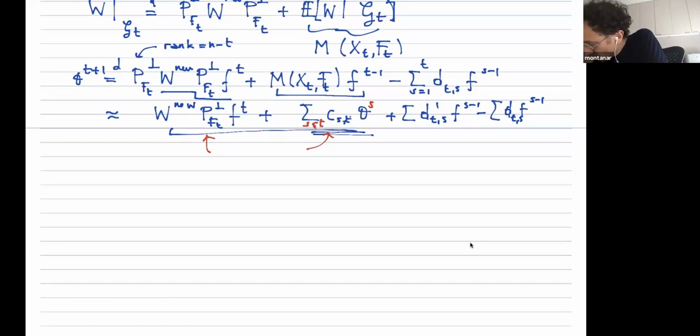The piece that you don't like is this one, but you see that you can choose the coefficient d so as to cancel these ones.